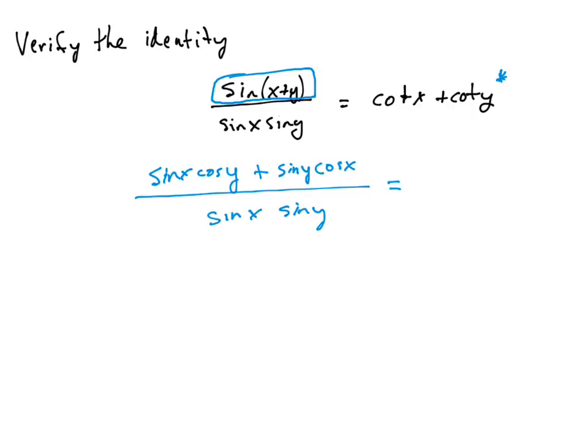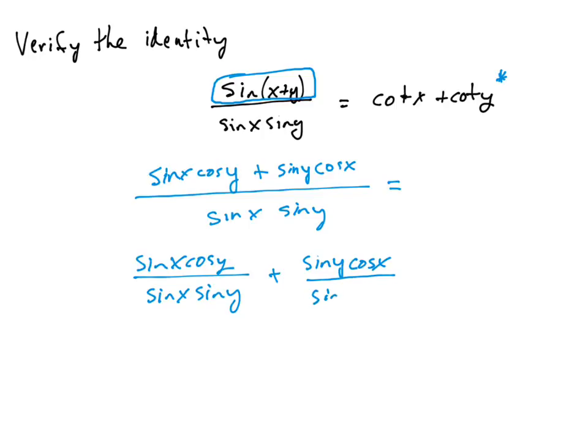And then what I'm going to do is split up this fraction into two separate fractions with the same denominator. So sine x cosine y over sine x sine y plus sine y, oops, that should be cosine x, over sine x sine y.